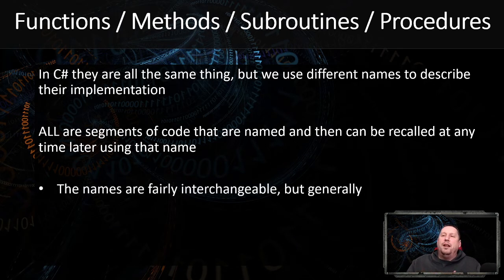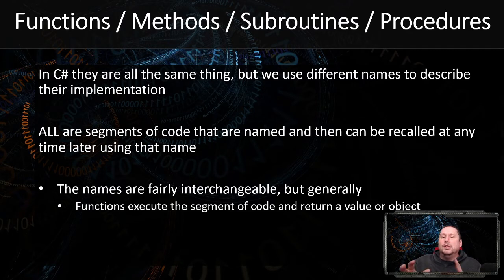So the names are fairly interchangeable, and these names mean functions, methods, subroutines and procedures, not stored procedures. Those are database. But generally, the concept is functions are procedures which execute code and return something. So they return a value or an object or a control or something.